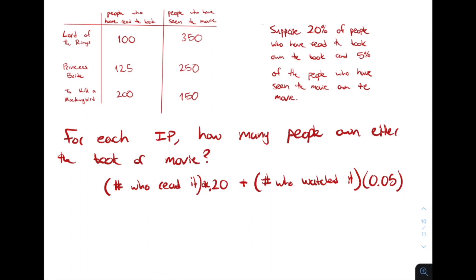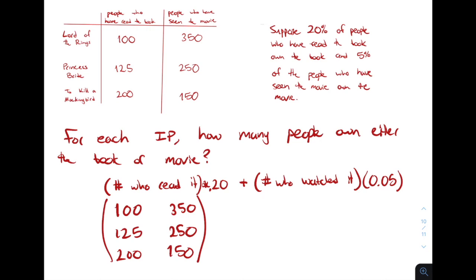However, this should look slightly familiar to our product of a row matrix times a column matrix. And here we can represent our table 100, 350, 125, 250, 200, 150, and multiply it by the matrix 0.20, 0.05.